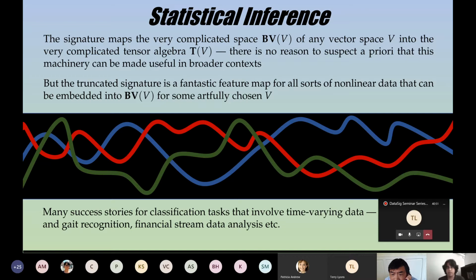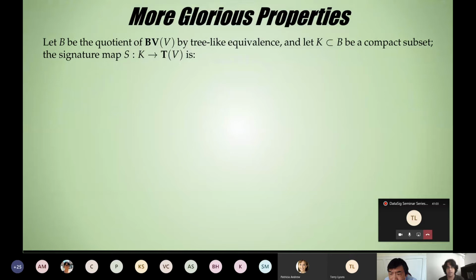What I would like to use them for, what Harald and Ilya and I wanted to use them for, was data coming out of my field, which is topological data analysis. And for this, we needed some other glorious properties of the signature.